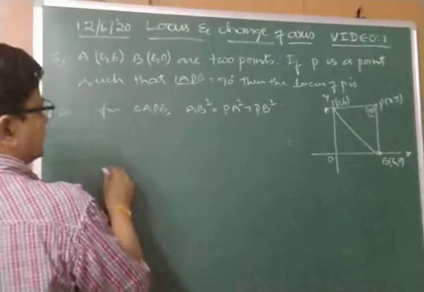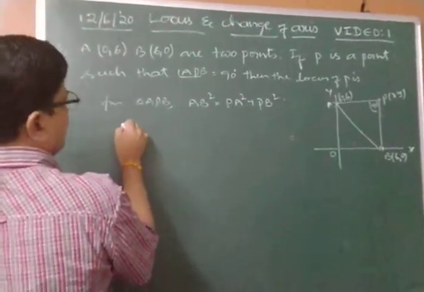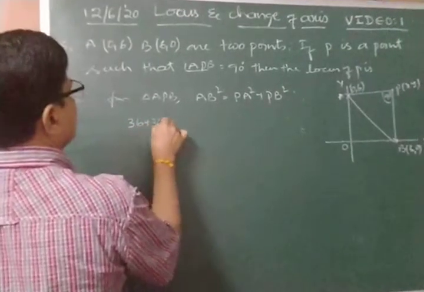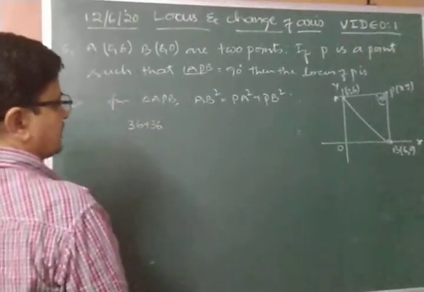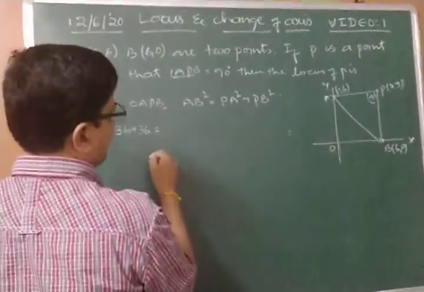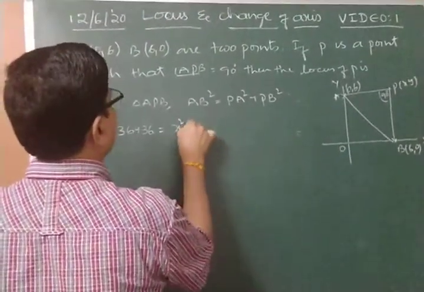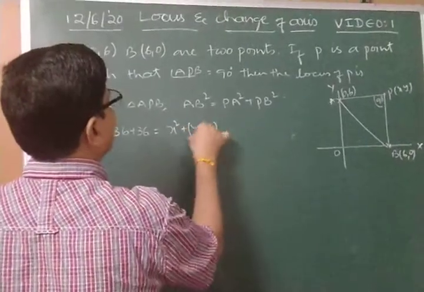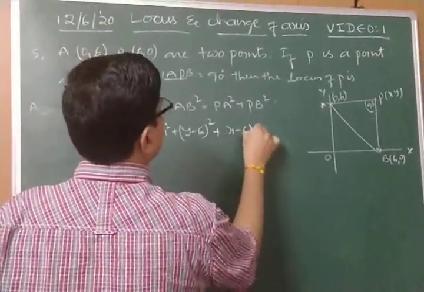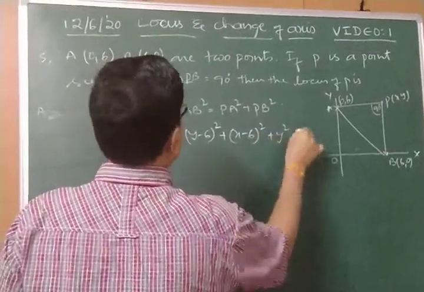AB square means 36 plus 36. 6 square plus 6 square is 72. PA square means x square plus (y minus 6) whole square, plus PB square means (x minus 6) whole square plus y square.